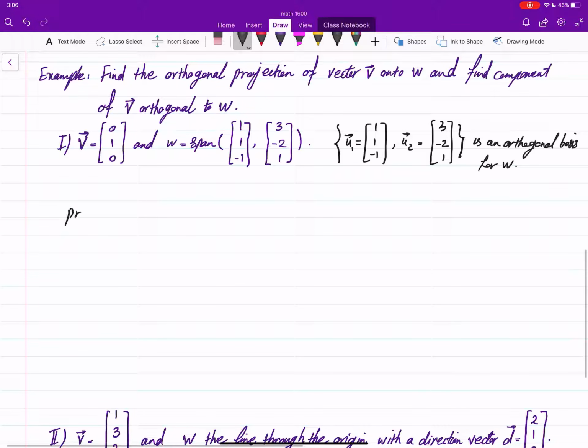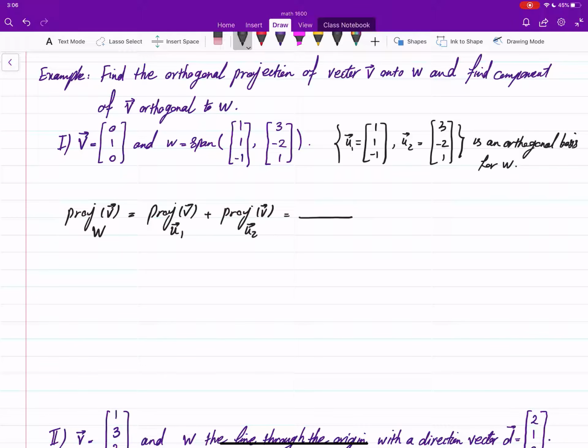So that means that we have everything. Now we can start computing projection of v over W, which is nothing but the sum of projection of v over U1 and projection of v over U2. Well, what are these?